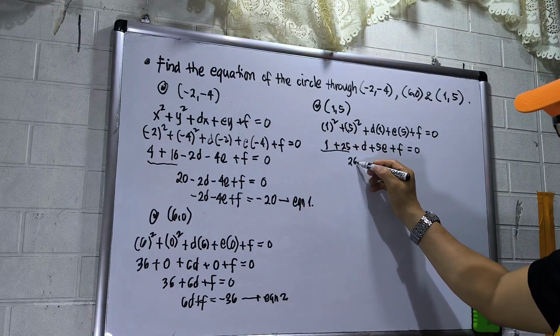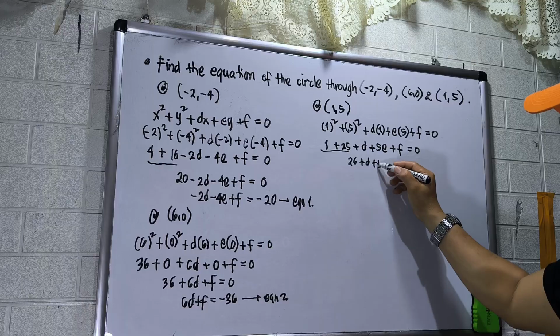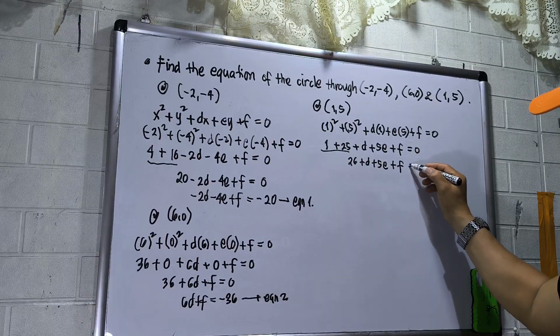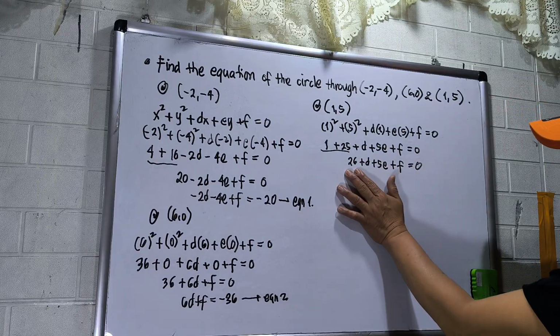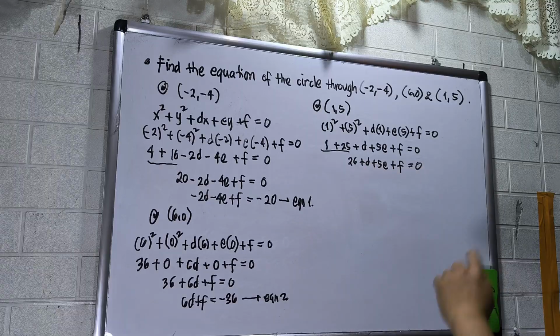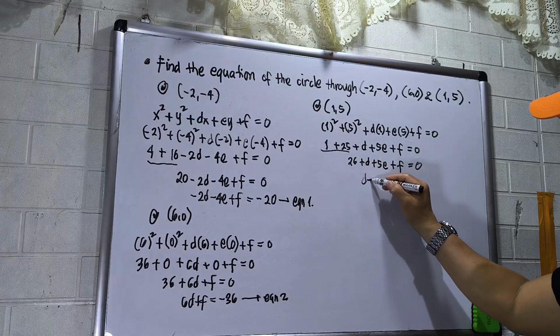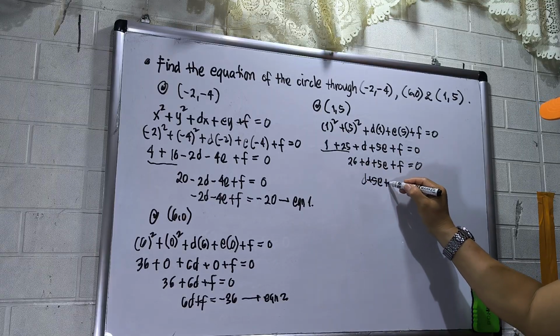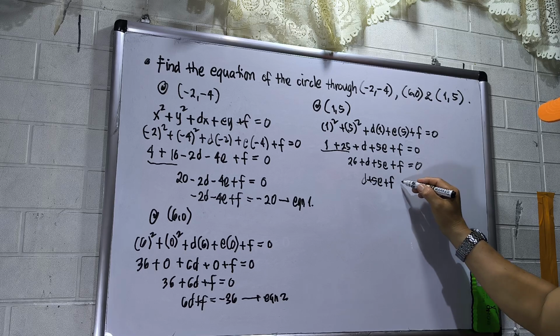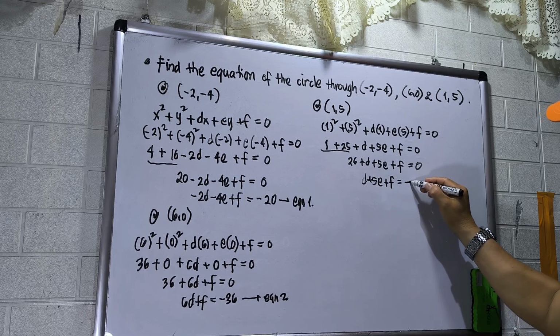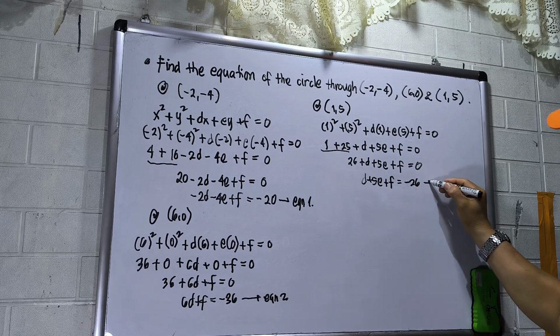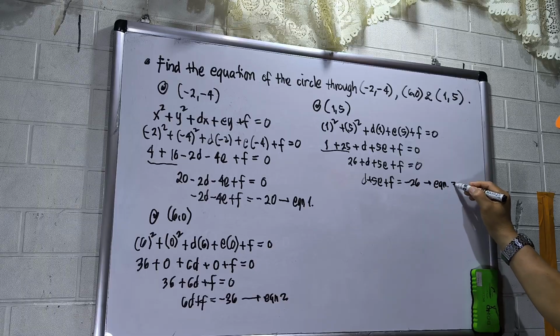So this will be 26 plus d plus 5e plus f is equal to 0. Again, I have to transpose this 26 to the right. So this will be d plus 5e plus f is equal to negative 26. So this is equation 3.